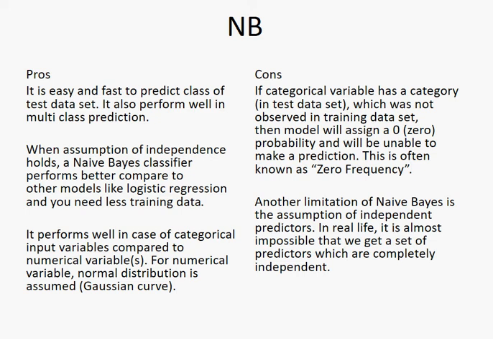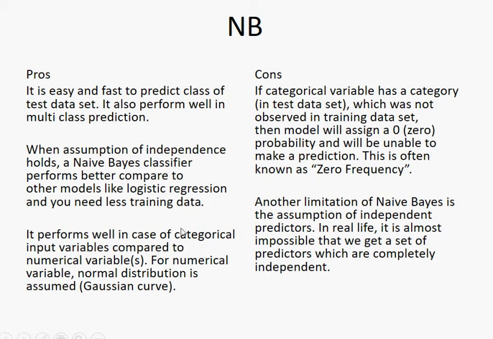When the predictors are independent, the naive Bayes classifier performs better compared to other models like logistic regression, and you also need a lot less training data for it. It does perform well when you're dealing with categorical input variables compared to numerical variables. And for numerical variables, it assumes a normal distribution of your data.